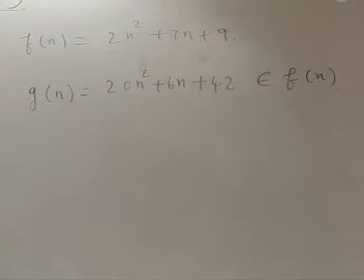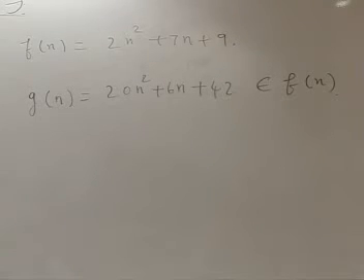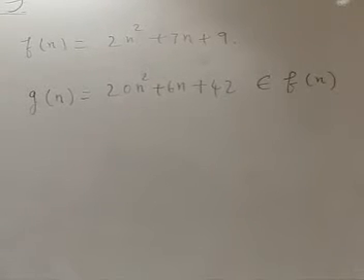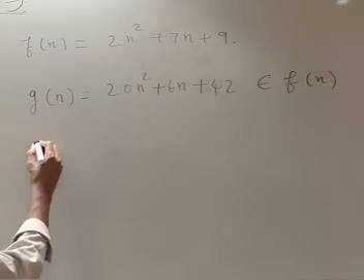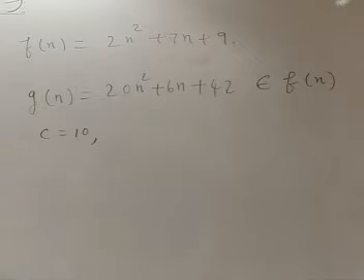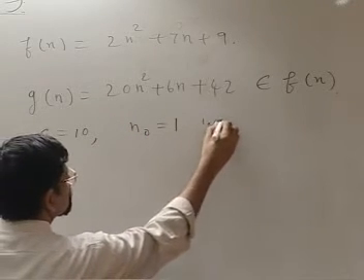If I have to prove that it belongs to big O of f of n, what do I have to do? All I have to do is find constants satisfying this condition. In this particular case, I will show those constants. For example, the constant c equal to 10 and n0 equal to 1 works.